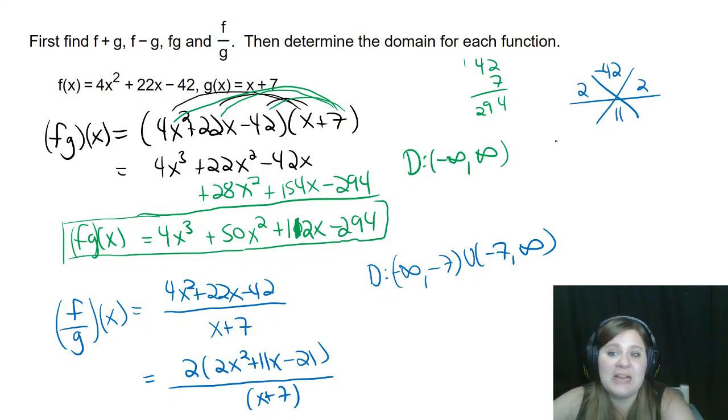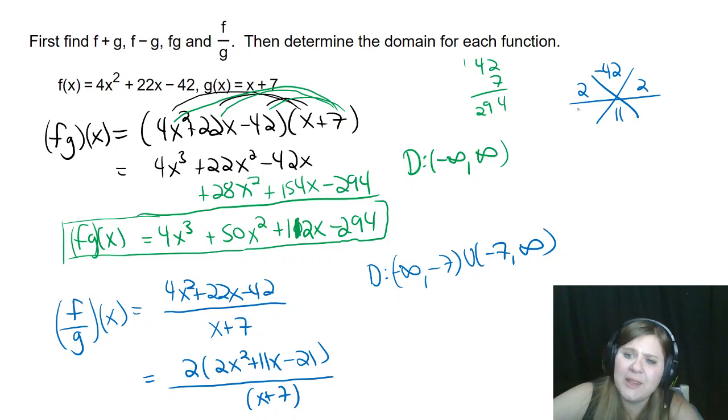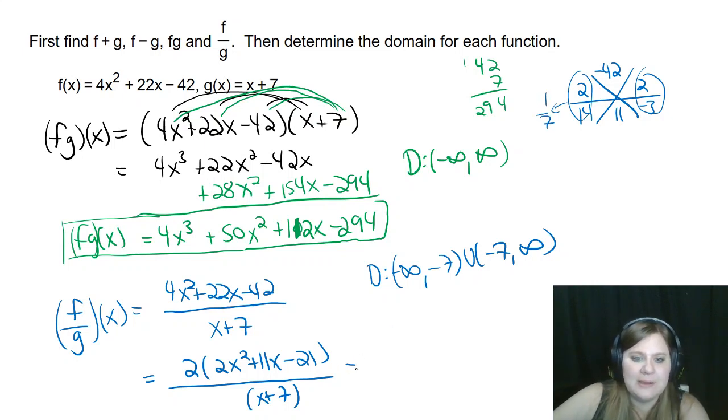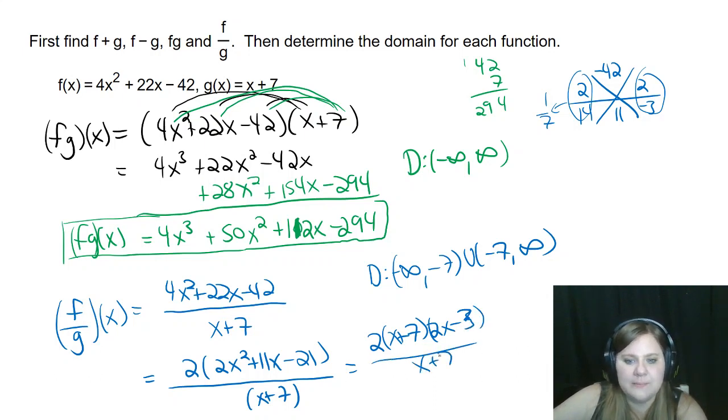I need to see if there are any two numbers that multiply to negative 42 and add to 11. And the answer is yes, there are. They are 14 and negative 3. Now 2 over 14 does simplify to 1 over 7. So I can now write this as 2 parentheses x plus 7 parentheses 2x minus 3 over x plus 7.